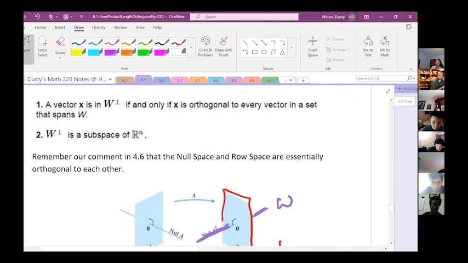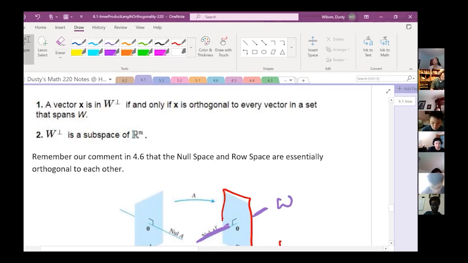So a vector x is in W perp if and only if x is orthogonal to every vector in a set that spans W. So it's in W perp if it's orthogonal to everything that's in W. And then we also have that W perp is a subspace of Rn.